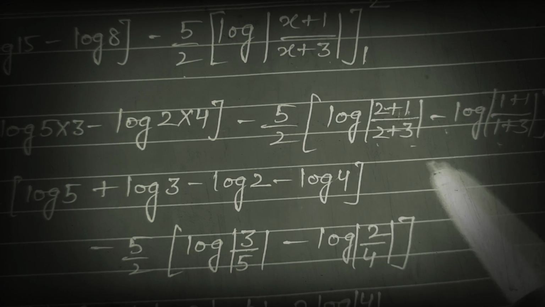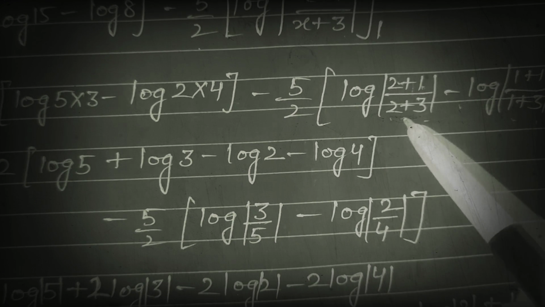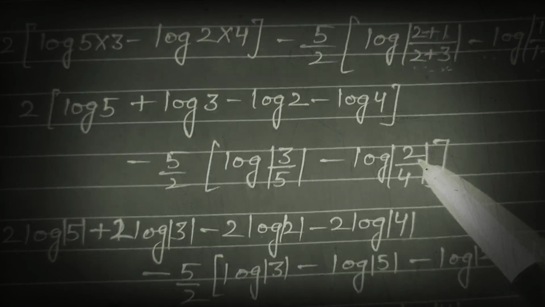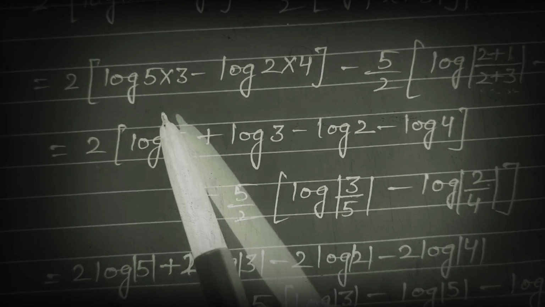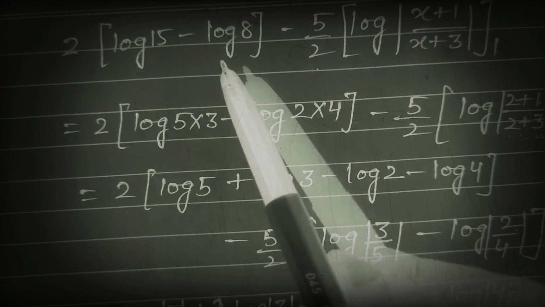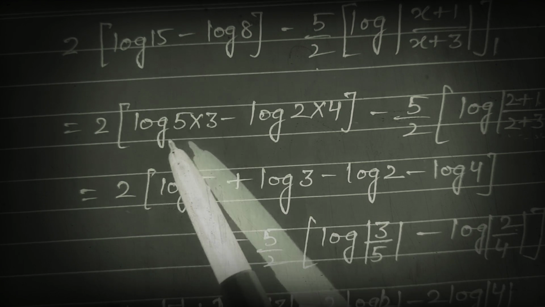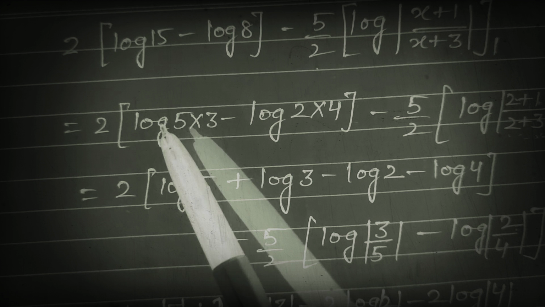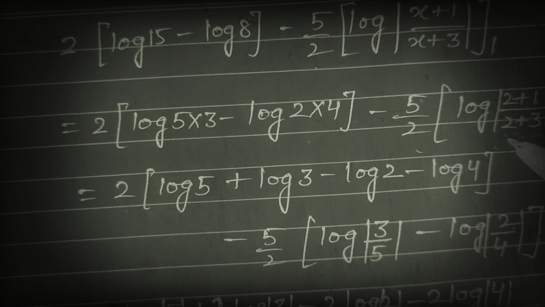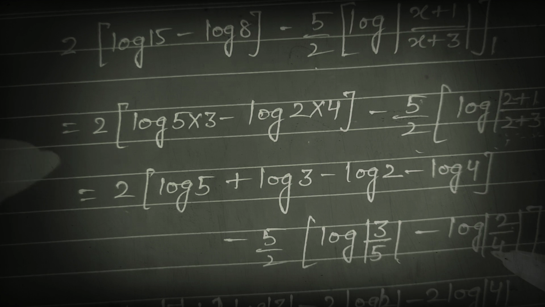So it is log 3 upon 5 minus log 2 upon 4. Then we will get this. Now our question is 2 of log 15 minus log 8, minus 5 by 2 of log of 3 by 5 minus log of 2 by 4.